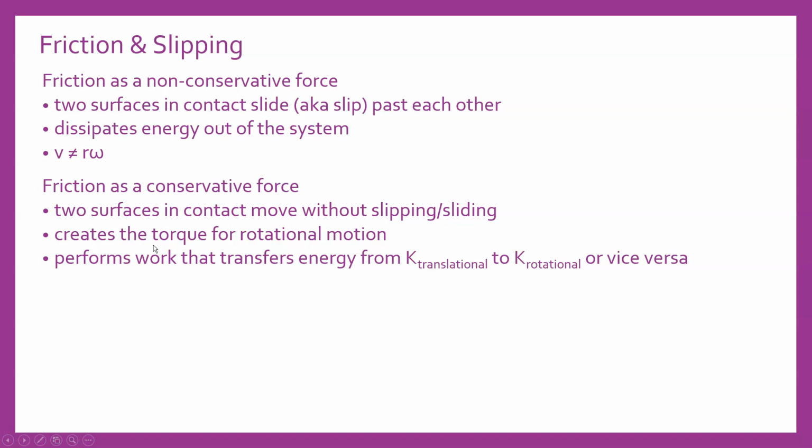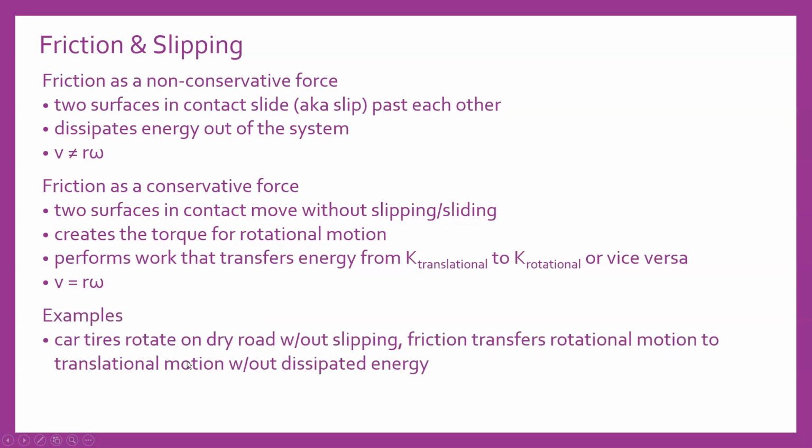So here, this force is creating a torque that performs work and transfers the energy from one useful mechanism to another useful mechanism. Up here, when friction's a non-conservative force, it's not doing any useful work and it's transferring the energy into the dissipated mechanism. Down here, it's performing work. And in this case, we know that the translational velocity is equal to the radius times the angular velocity.